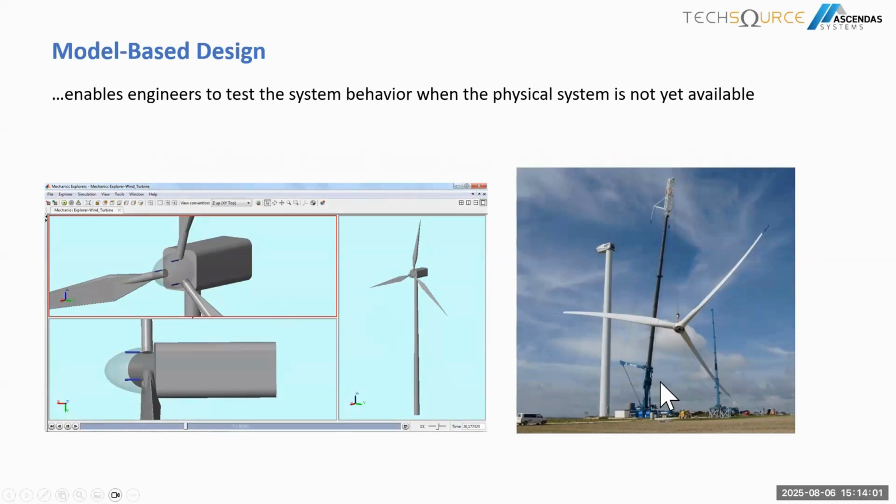This is an example of a wind turbine, which can be modeled within Simulink itself using Simscape Multibody. In this case, we are able to develop a model even if the actual hardware is not yet there, so we are also testing it safely. And there's no real cost with using model-based design in this case because there's no physical system yet.